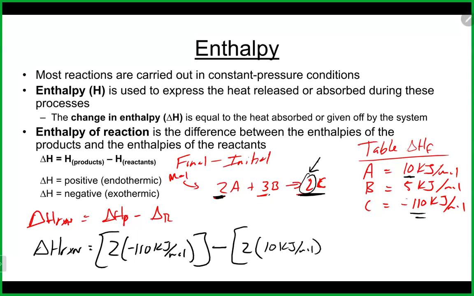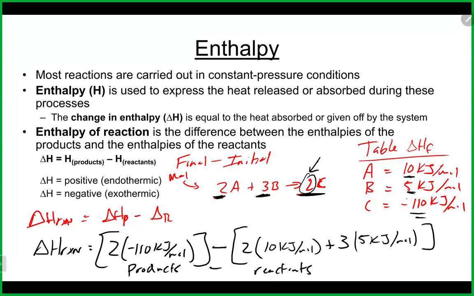And then we're going to add it to our other reactant. In this case, we have 2 reactants. So we're going to add 3, which is our coefficient, times the value that we have for B, which is 5 kilojoules. Obviously, if we had more than one product, we would add that in as well. In this case, we don't. We just have one product. So we're going to add all that up. That's basically taking all the delta H's from the table of our products minus our reactants.